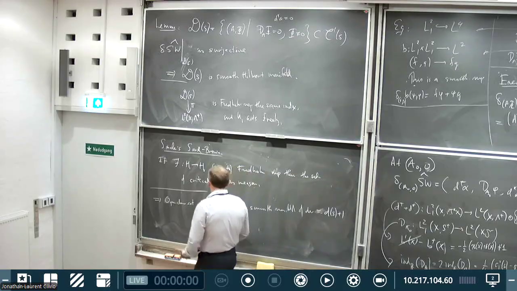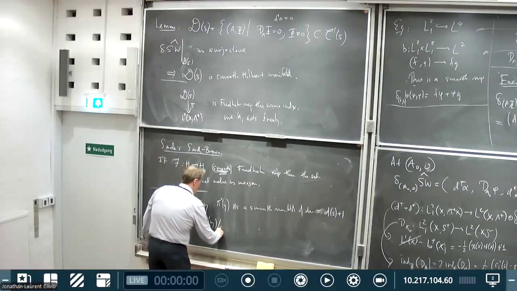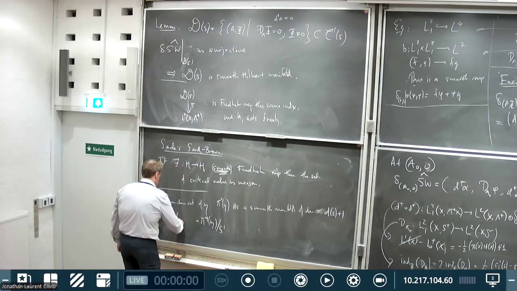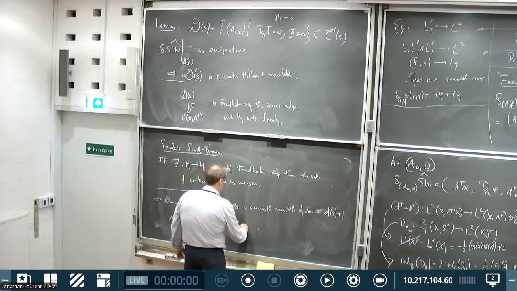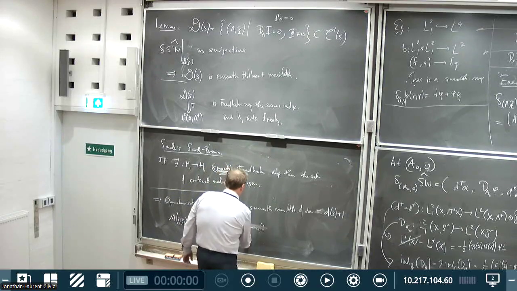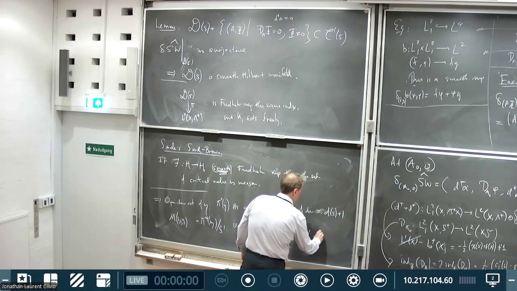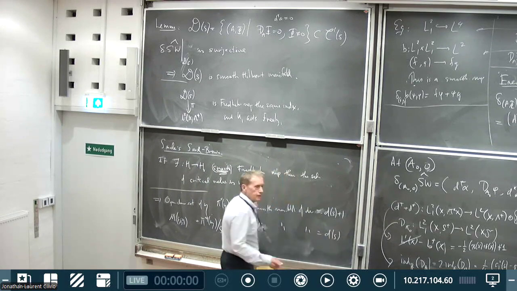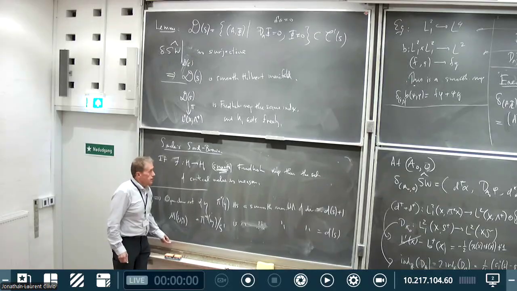It has dimension E of S plus 1, and it has a free S1 action. So this is our moduli space for S, and it's a smooth manifold.